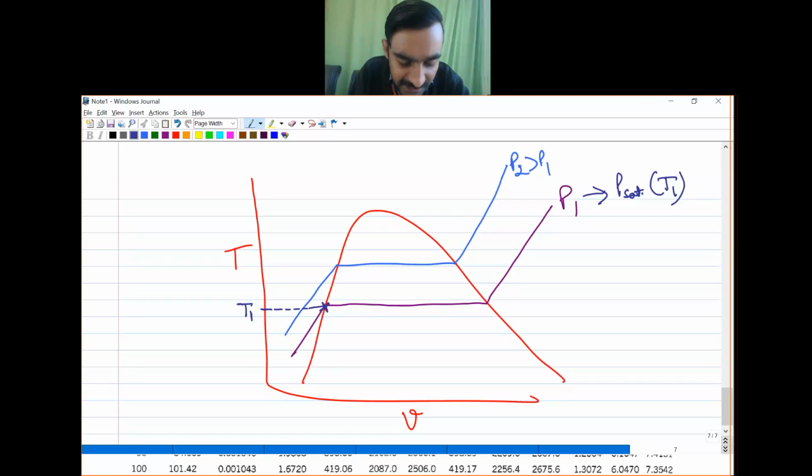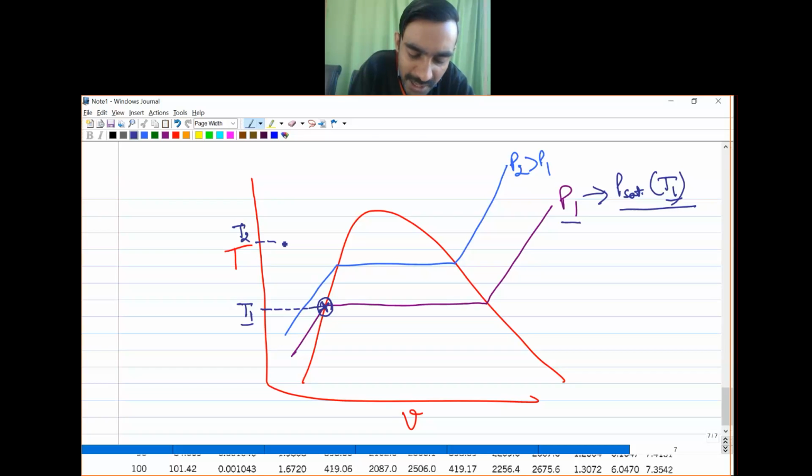So if I extend this constant T1 line till the saturated liquid curve, the constant pressure line at that location is what I will call my P saturation, corresponding to temperature T1.